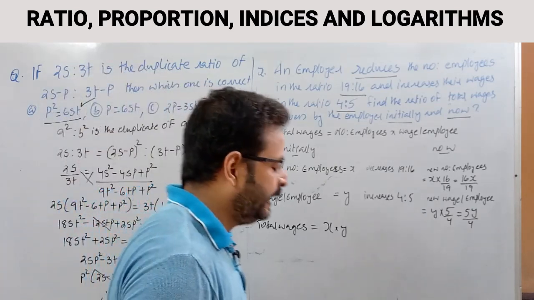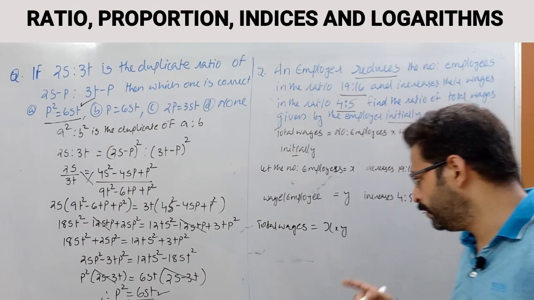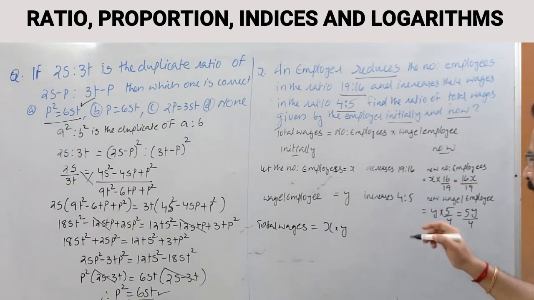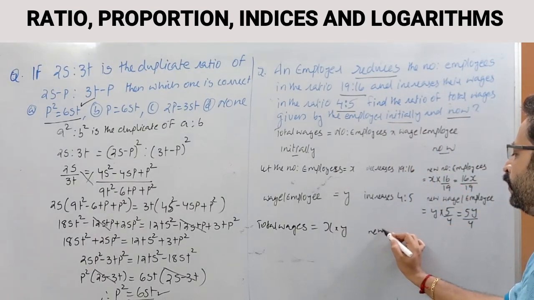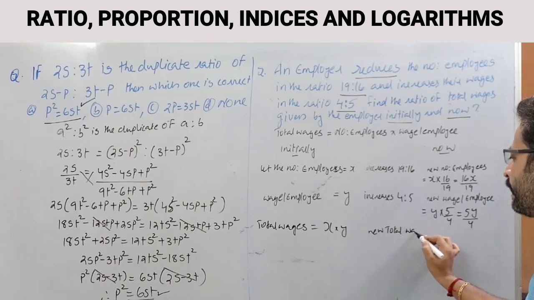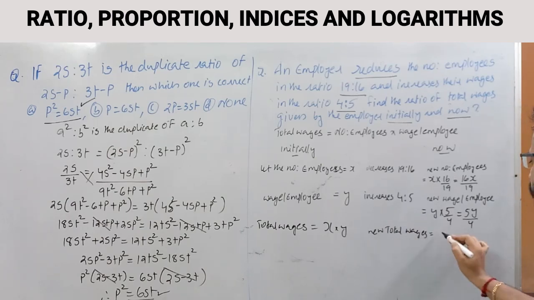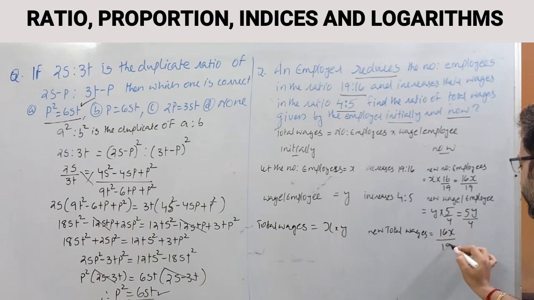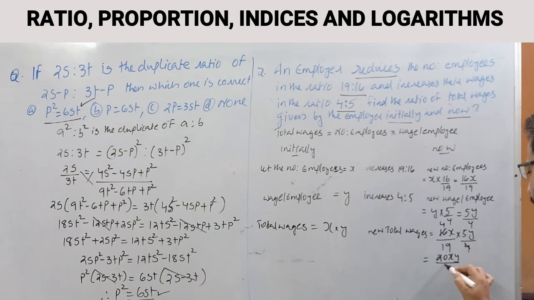Now, consider the new total wages, which is equal to 16x divided by 19 into 5y divided by 4. That means 20xy divided by 19. 20xy divided by 19.